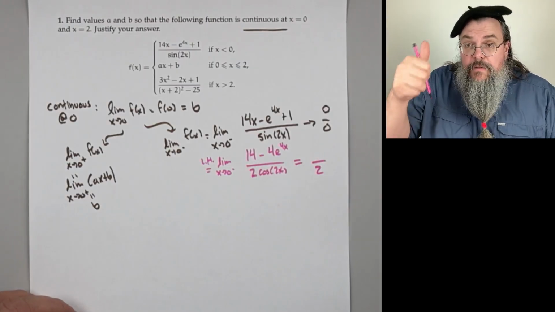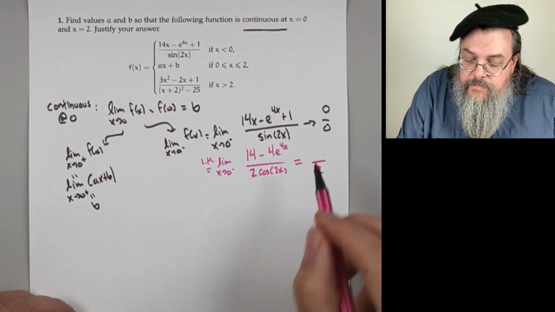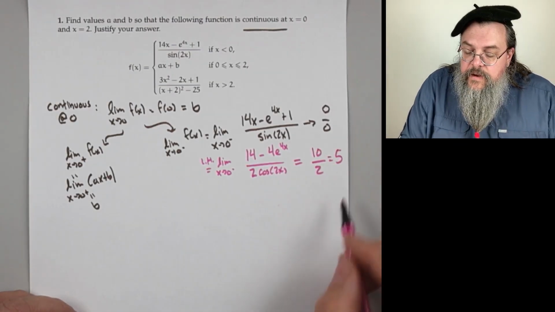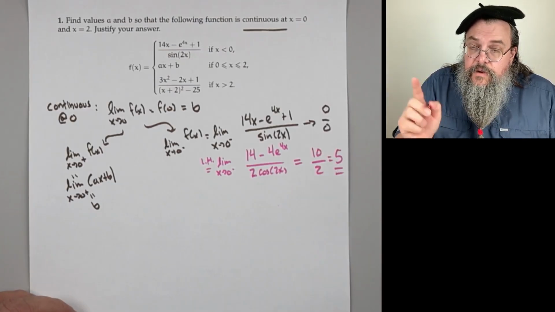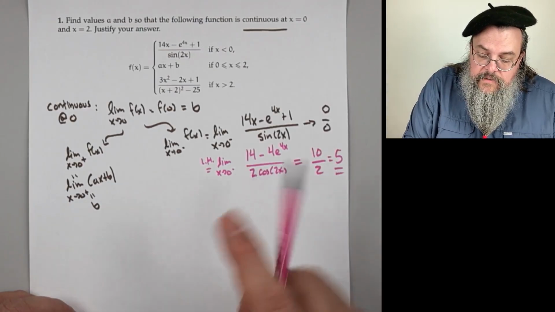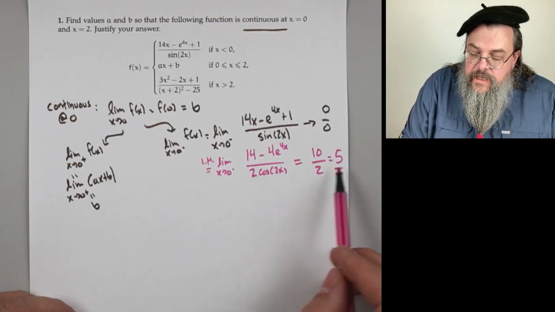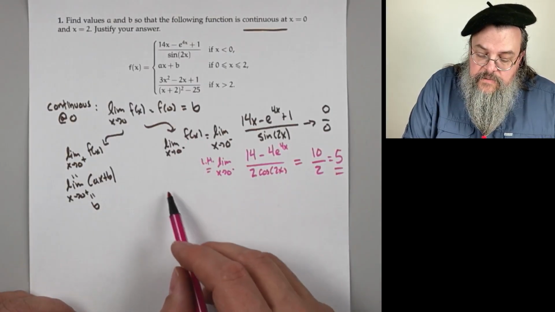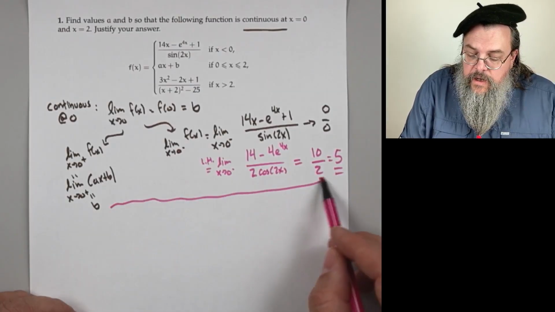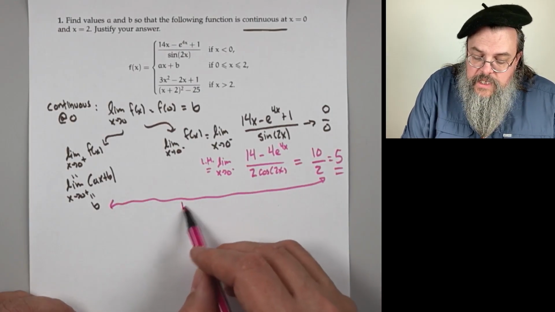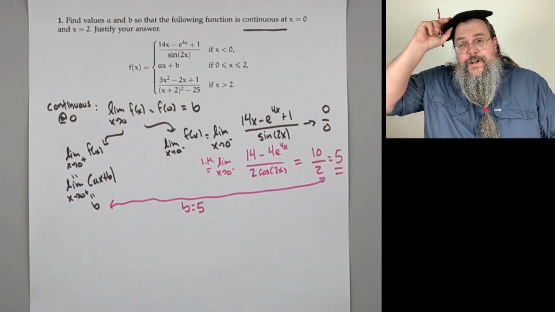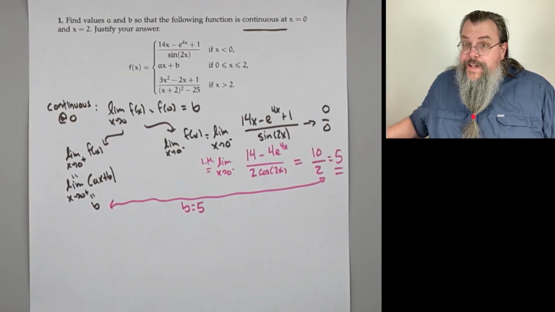E to the 0 is a 1. Don't forget. So we get the 5. Okay, so what do we have? We need to have that b must be 5 and also must be b, and therefore we say, aha, b is 5. Wow.